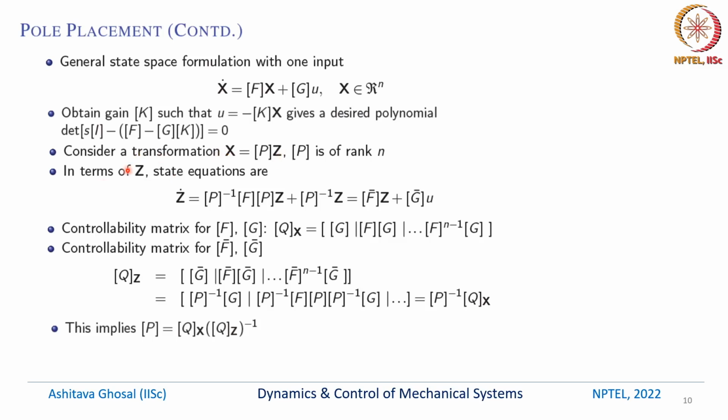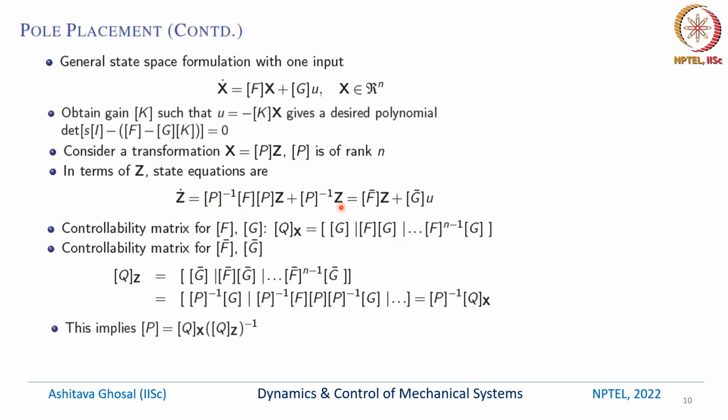So in terms of z, the state equations can be written. We can write x dot is P into z dot. So P into z dot is equal to F into P into z and so on. Then we can pre-multiply by P inverse, so z dot is equal to P inverse F P z plus P inverse G u.